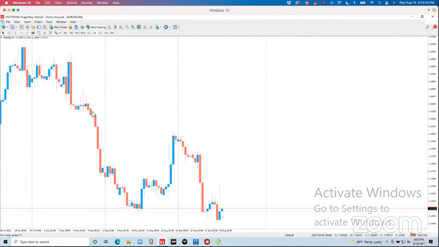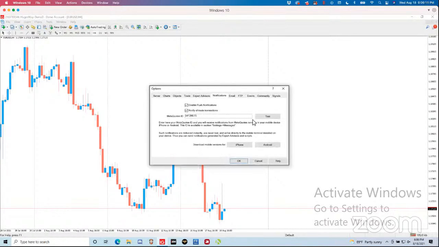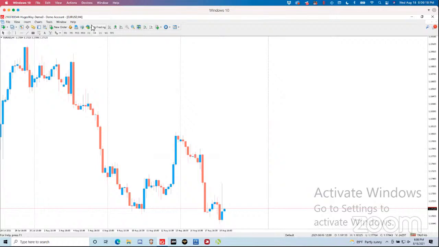you'll get this window that pops up. You'll actually get like 3 different windows, so you'll have to set everything up how you want them. You're going to have to come into tools, options, and make sure that you have one-click trading on, or you can hit it from right here.